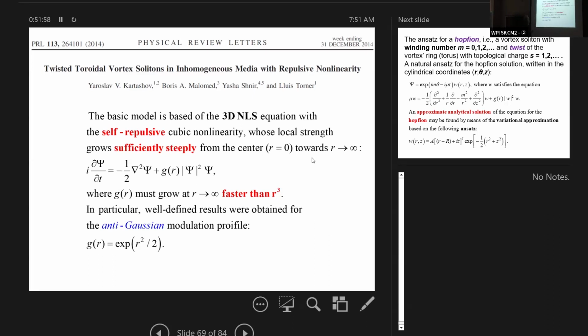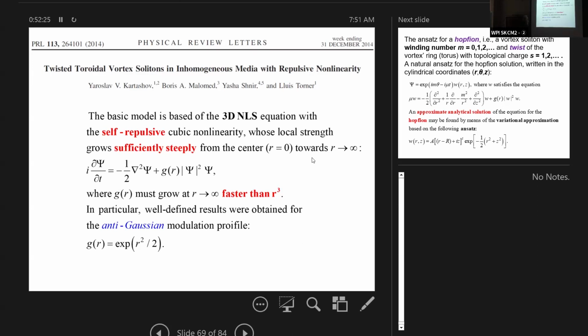And then the necessary condition, of course, is that if we want to predict such a localized state, we must demand that its norm converges, the state is normalizable. And the condition of the normalizability of the wave function predicted by this model amounts to this simple condition. If you have dimension d, g must grow at infinity faster than r to the power d.